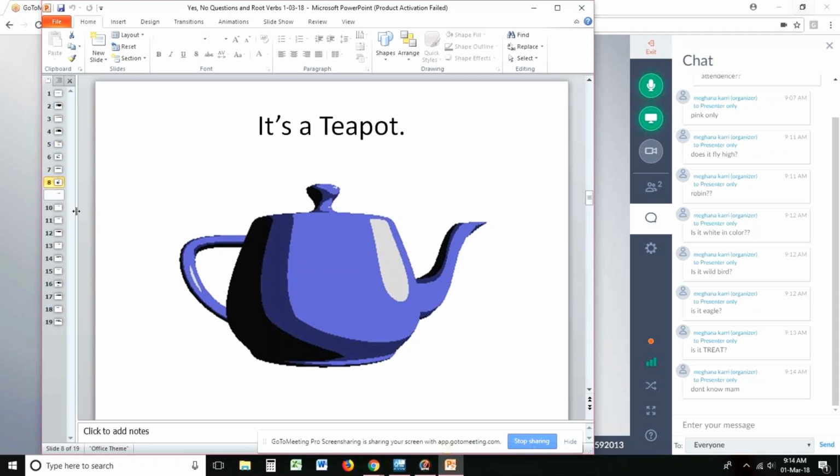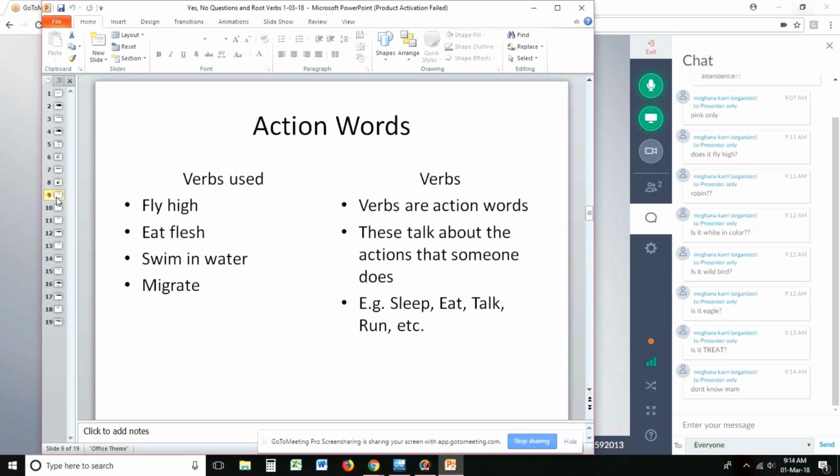All right. Now let's move to the next thing. Now let's start today's class. We are going to talk about action words. You had a brief description of what action words are and how they are used in the last class, when you were talking about the different types of actions, about the animals and the birds.